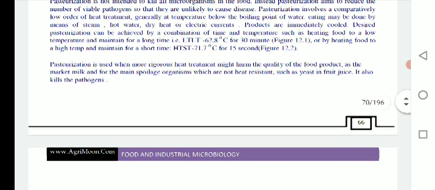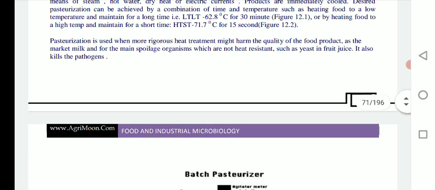Pasteurization is used when a more rigorous heat treatment might harm the quality of the food product, such as market milk, and for the main spoilage organisms which are not heat resistant, such as yeast in fruit juices, and it also kills pathogens.